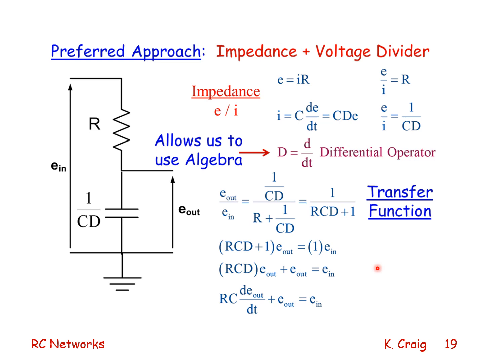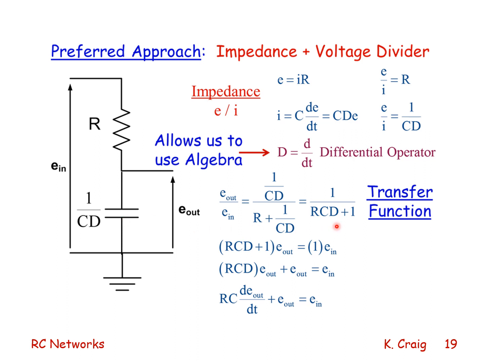Now, a preferred approach to getting that transfer function or differential equation is to recognize that I have a voltage divider, since the current at this node going out is 0. If I replace the resistance by its impedance, which is R, and the capacitor by its impedance, which is 1 over CD, and I just use my voltage divider expression, E out is equal to E in times 1 over CD divided by R plus 1 over CD.